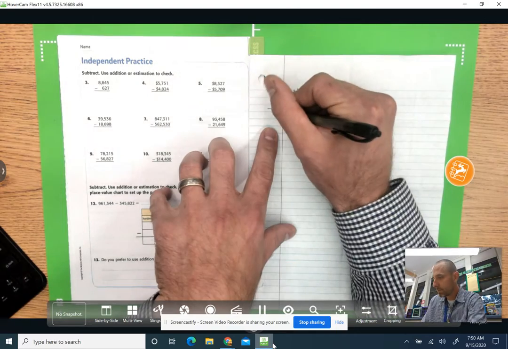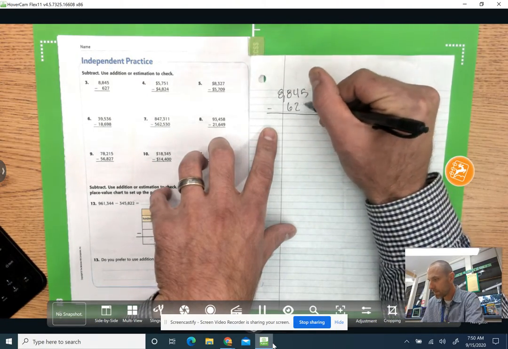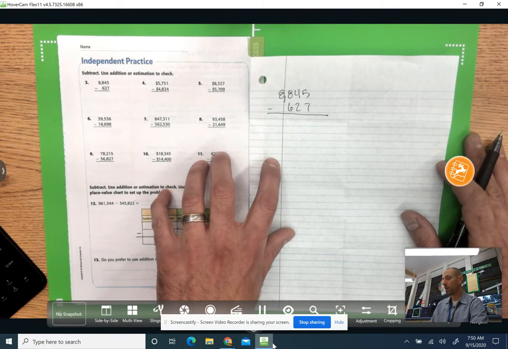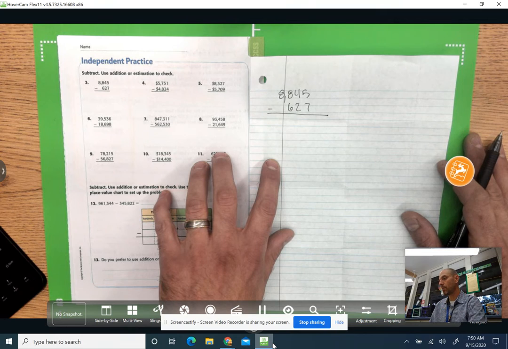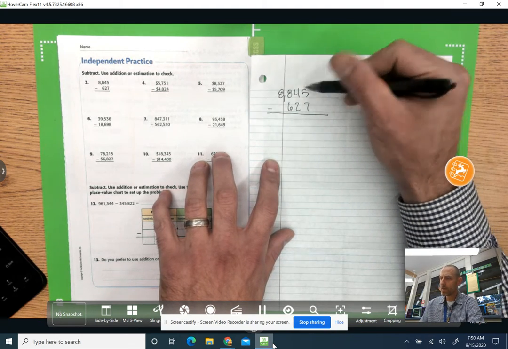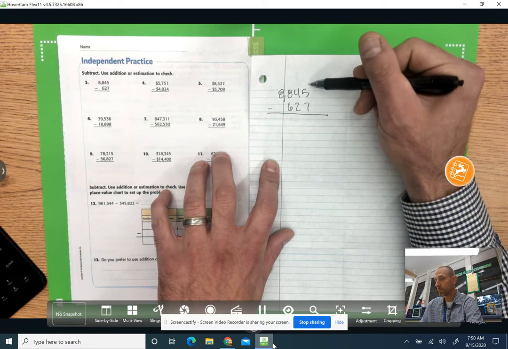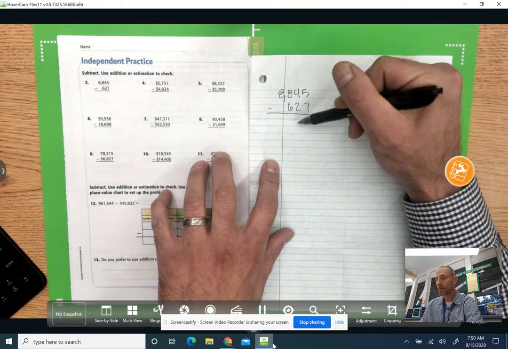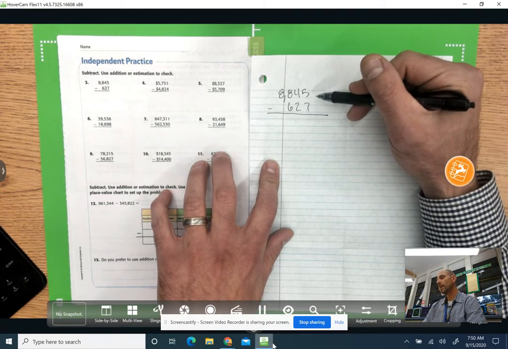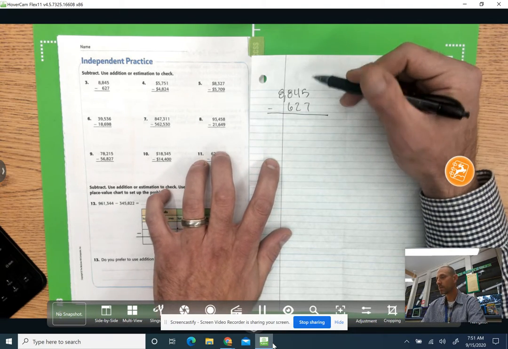8,845 minus 627. Rewriting it bigger gives you more room and will help us be organized. So as we start subtracting, we must start with the ones, then we'll make our way to the tens and so on. The second step here is to pay attention to your top digits.